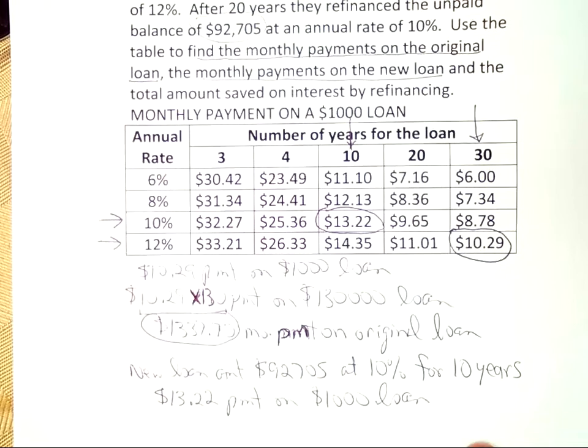So how much would you owe on a $92,705 loan? Well, it's been kind of easy in the past because the numbers are always multiples of 1,000. Well, there's not an even number of 1,000s in $92,705.